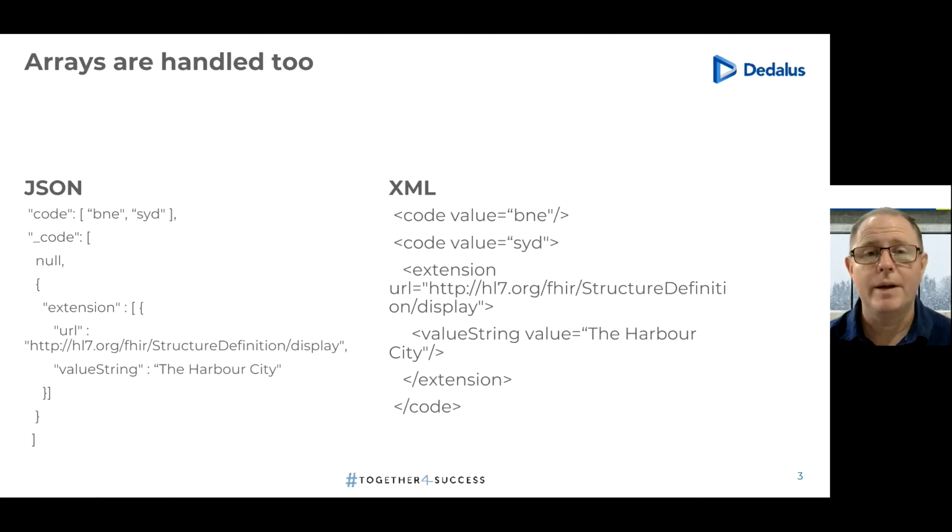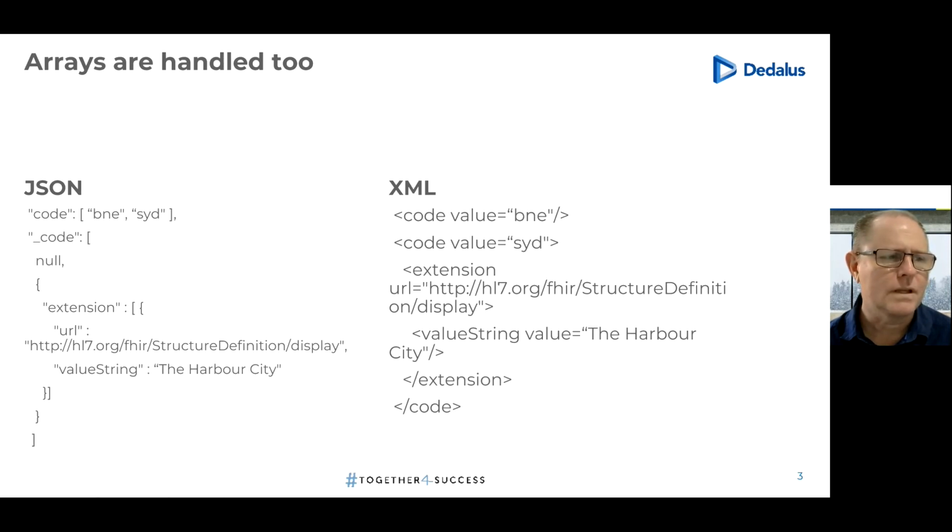Primitive data types can be repeated, so we can have arrays that are primitive data types. So in this example, I've just got a fictitious data type code or field code, which is an array of cities, and I'm putting in the nickname of the various city corresponding to the code. I should have put Brisneyland in for Brisbane, or Brisvegas, depending on what you think.